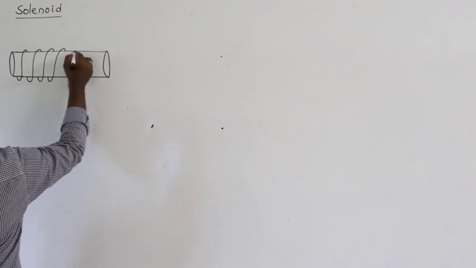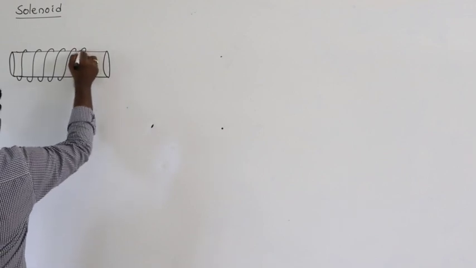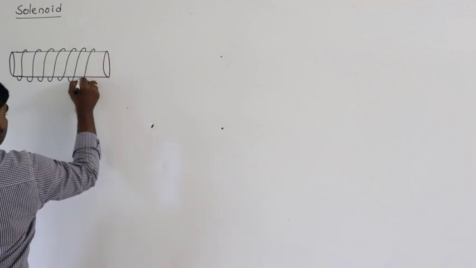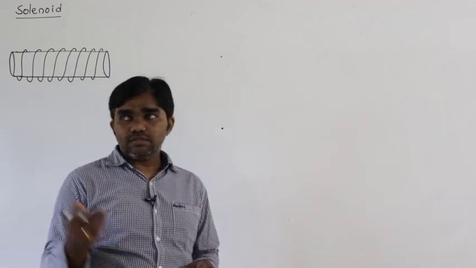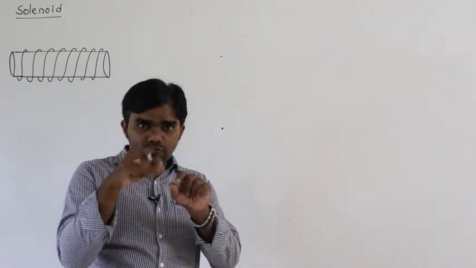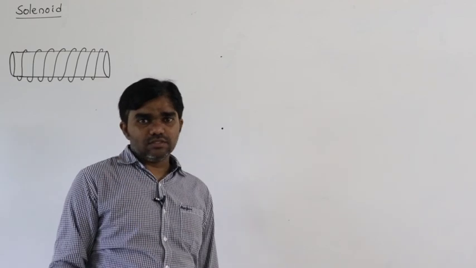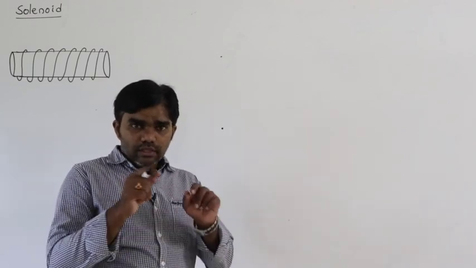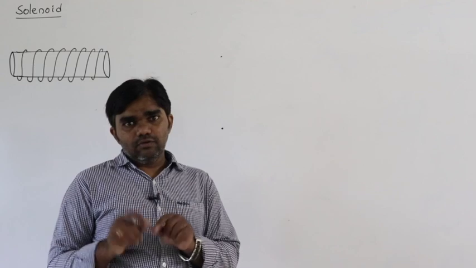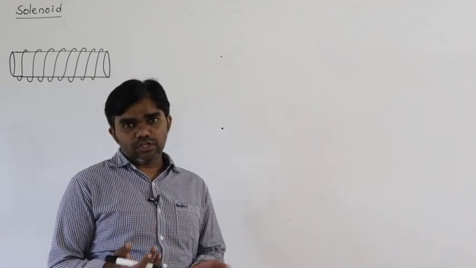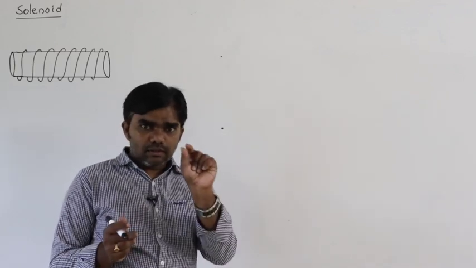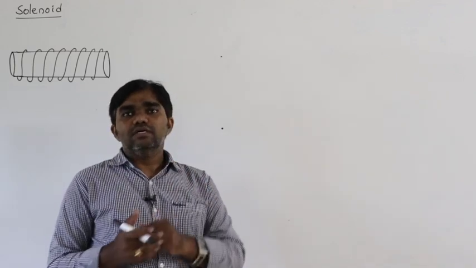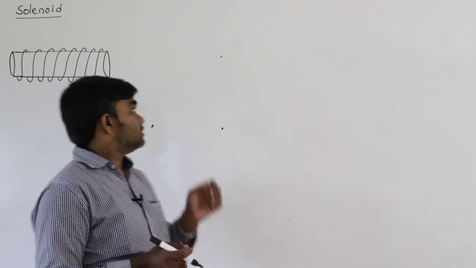So this one acts as the solenoid. Insulating wire means, generally in household appliances, the wires, copper is coated with rubber, that is insulating wire. So the current passes only through this copper material, outside not possible, there is no conduction of the current. So that material around that copper is insulating material. So that is the situation.